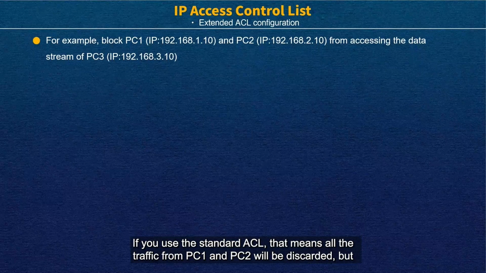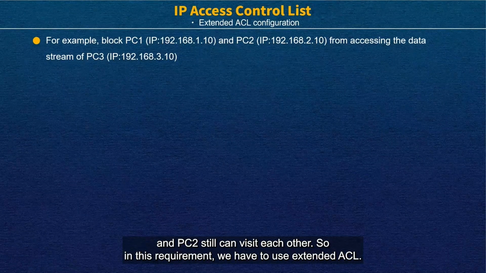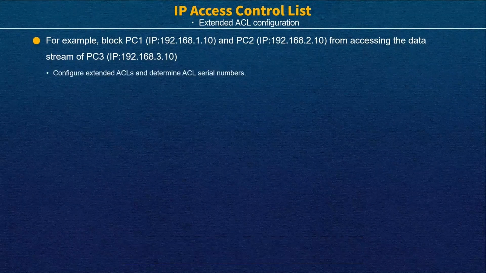If you use the standard ACL, all the traffic from PC1 and PC2 will be discarded. But this requirement only wants to stop the traffic from PC1 to PC3 and PC2 to PC3, while PC1 and PC2 can still reach other destinations. So for this requirement, we have to use the extended ACL.